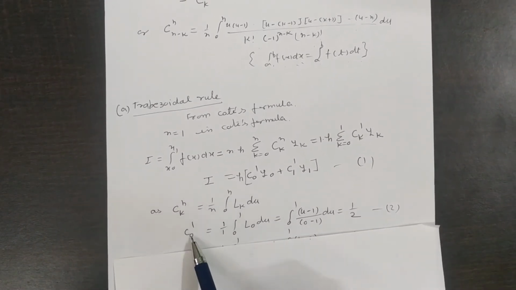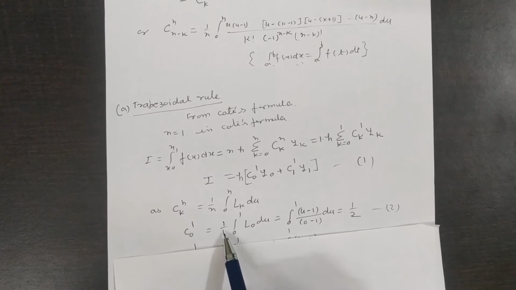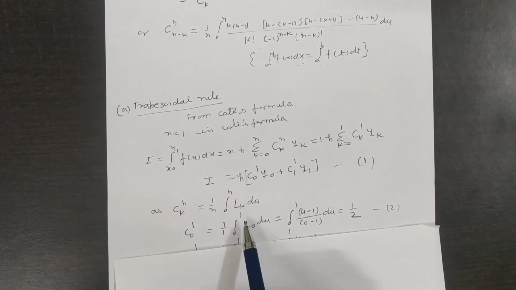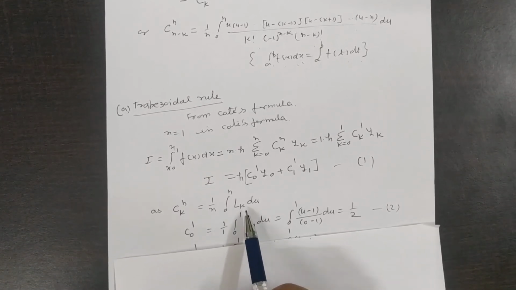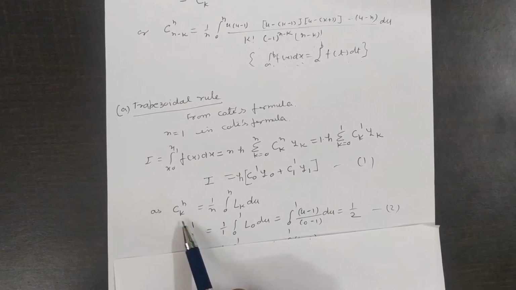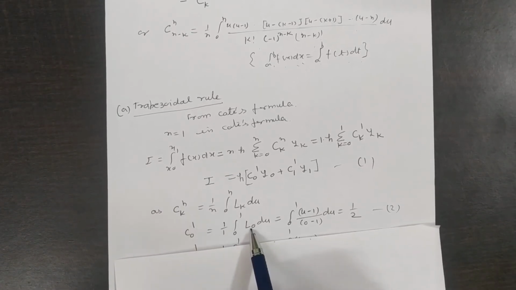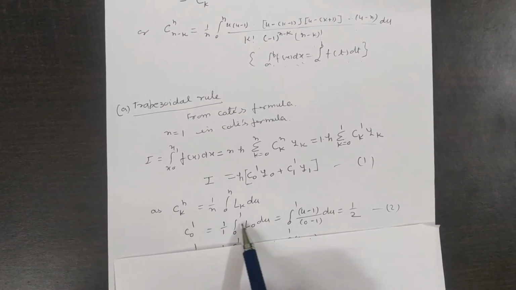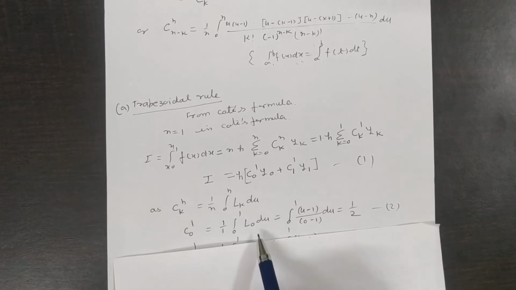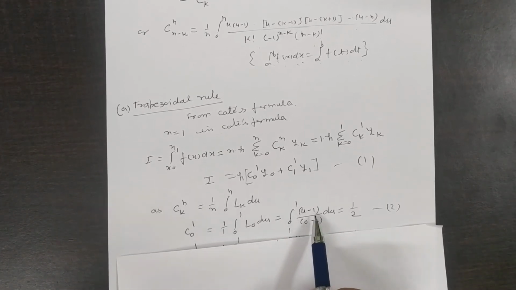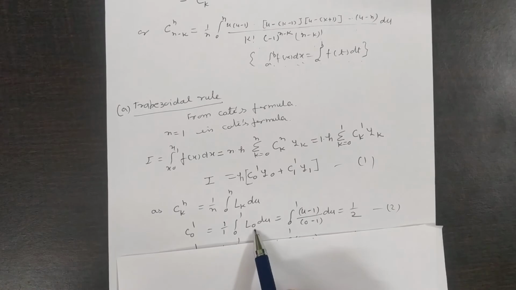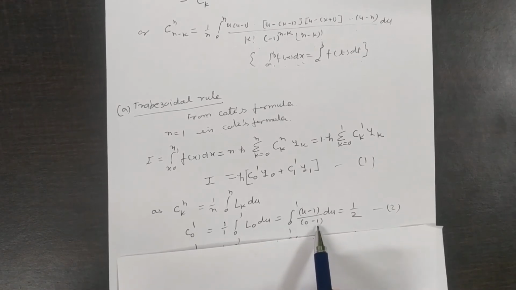So for C_0^1, it is the integral from 0 to 1 of L_0 du. According to this, the point for 0 gives u minus 1, and the point starts from 0, so 0 minus 1.